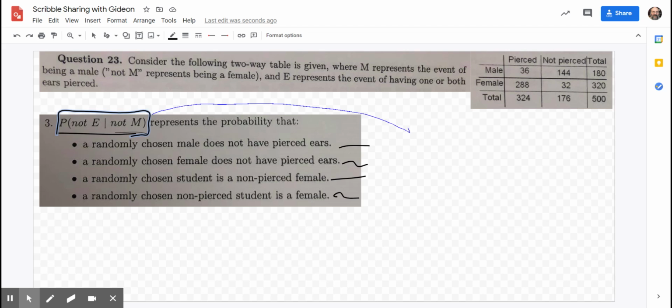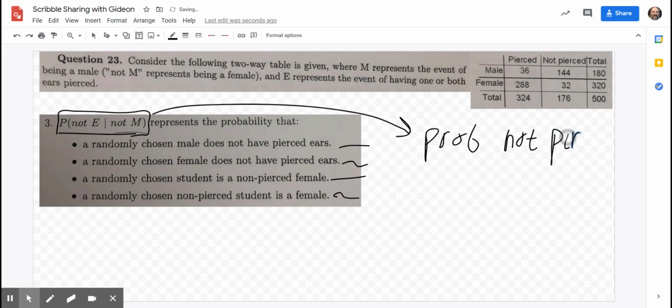What you really want to be thinking about is the fact that you can say this any way you want. What's the chance of something given something, or given a randomly selected something, what's the chance of whatever? So I'm not even looking at the multiple choice options. What I want to know is, this is asking me what's the probability of not pierced. That's the first thing. That's the question.